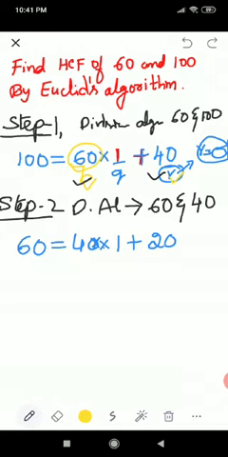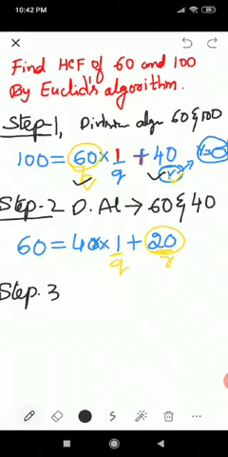This becomes the q value, and the remainder is 20 here. We have to observe the remainder value. Here the remainder is not 0. Therefore we have to continue to the next step, that is step 3. So, how can I start step 3?